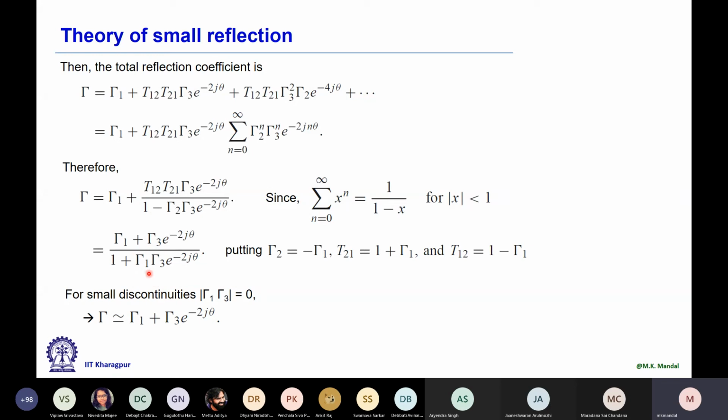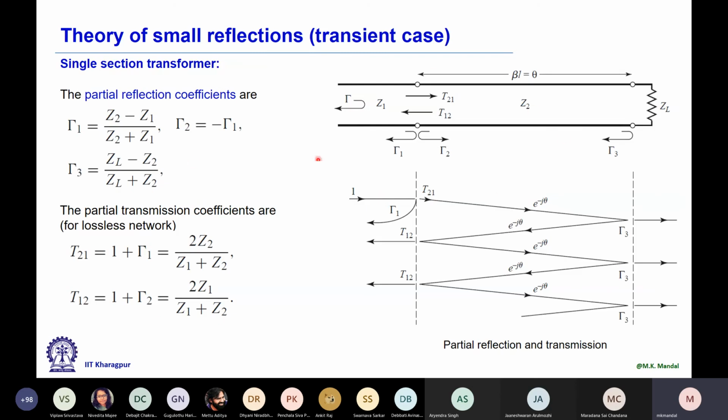If we use that in this expression, then the overall reflection in terms of the partial reflections comes to gamma 1 plus gamma 3 e to the power minus twice j theta. So what we tried to do is represent the overall reflection by the partial reflections from the individual junctions. This is for a single section discontinuity, like a quarter wave transformer.